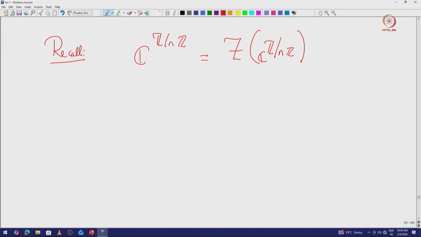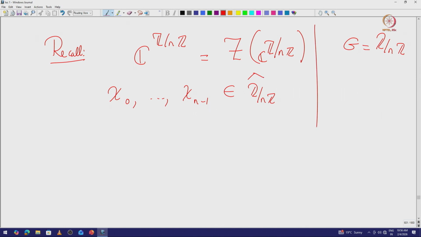So, now if we take these characters, let us call them chi 0 through chi n minus 1, these are all the characters. So, let us say G is our Z modulo nZ, and these characters live inside G hat, where G hat consists of those group characters from G to C star.